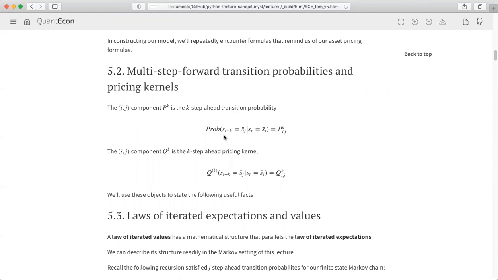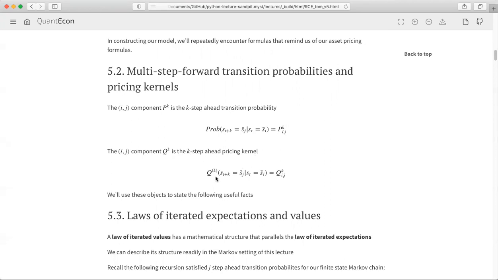So the probability of St plus k equals the j state, given St is in the i state, is just the ij component of P raised to the power k. We raise P to the power k and then take its ijth component. Well, similarly, the ijth component of Q to the k, just take that matrix and raise it to the k, that's the k-step ahead pricing kernel.